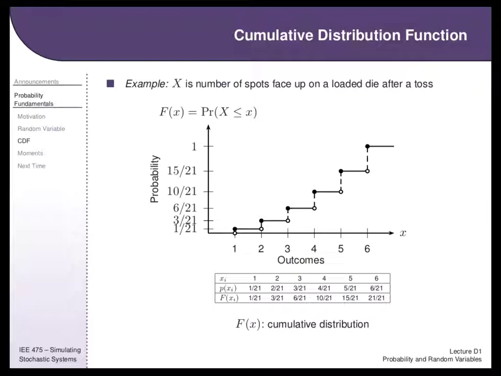Now, an interesting thing about this CDF is if I draw a random number between 0 and 1, and I plot that random number, and then see where it hits the CDF, and then bring out the outcome there, if I do that over and over and over again, these outcomes will actually be drawn according to these probabilities.